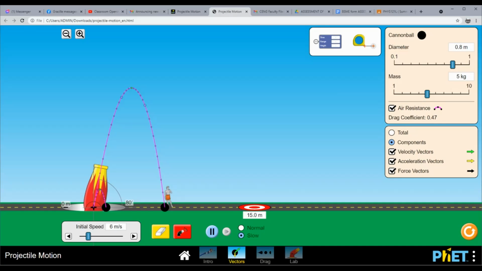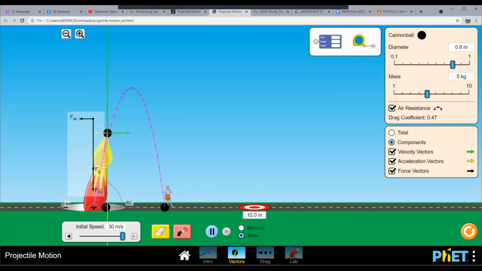Anong nangyari doon sa components? Yung nung nasa gitna po yung FDX po ay nag-equal po dun sa FDY. Tas habang bumababa po yung FDX po ay bumababa din. Dating dun sa peak, okay, sige, tingnan natin. Mas palakihin natin to. Try this one.